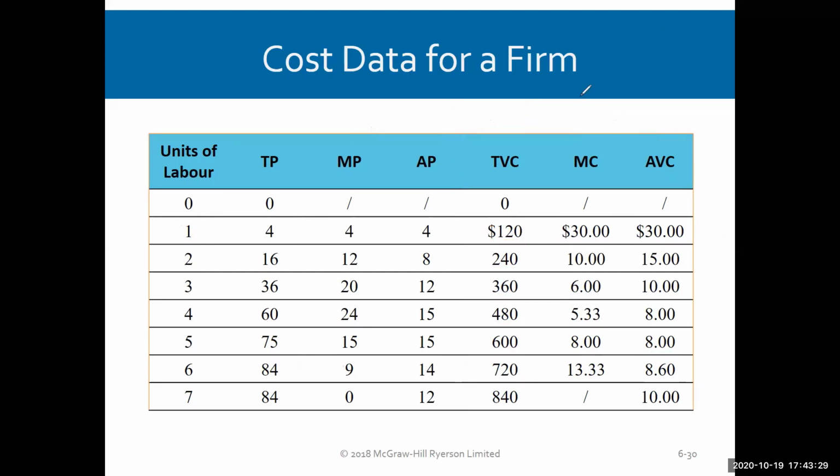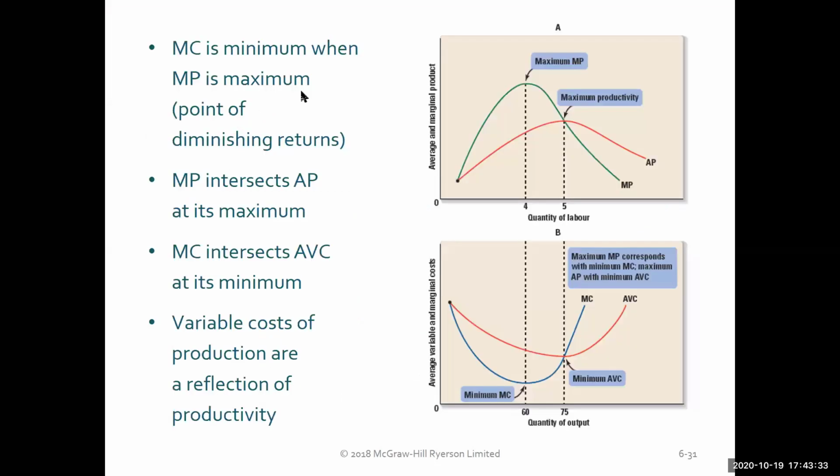And that last point I said, that they're the total flip of each other, is shown so very well in this graph here. So if we look at this very last statement, variable costs of production are a reflection of productivity. You can think of it as a mirror image of productivity. So let's look at the product curves up here at the top.